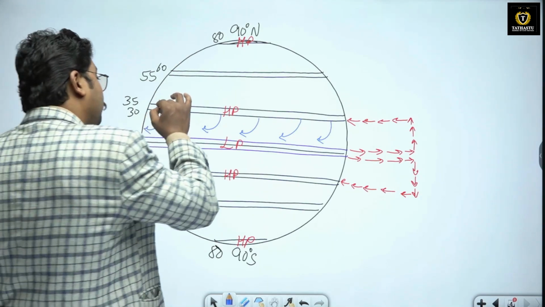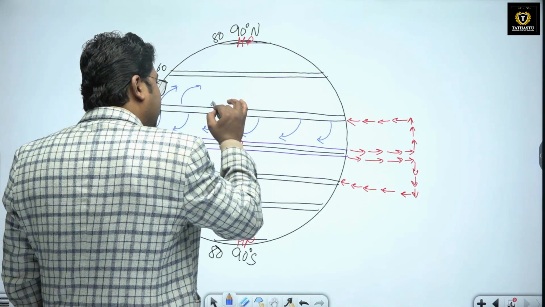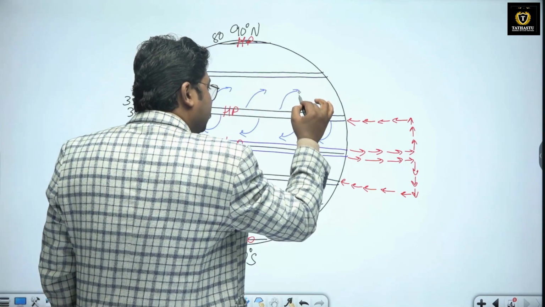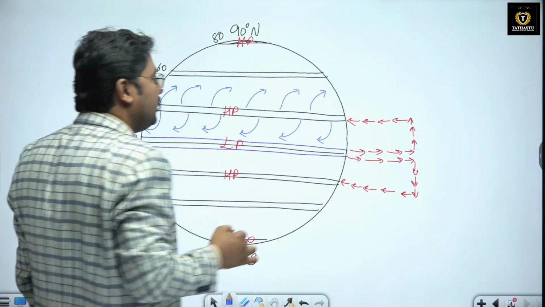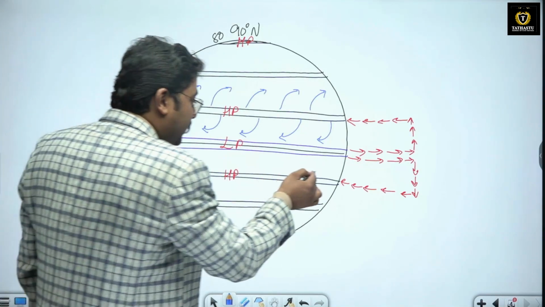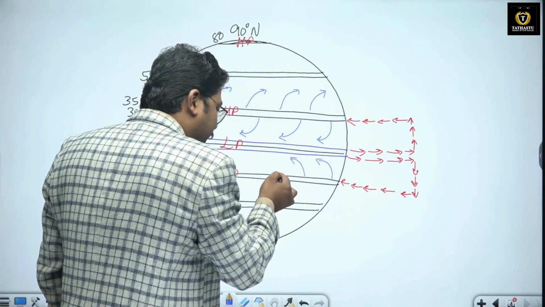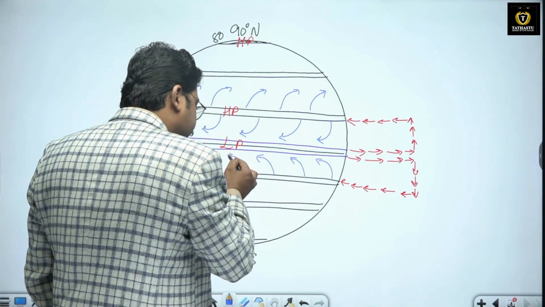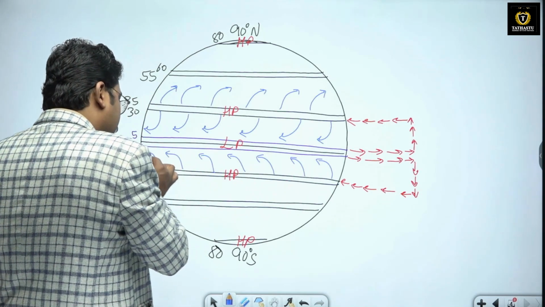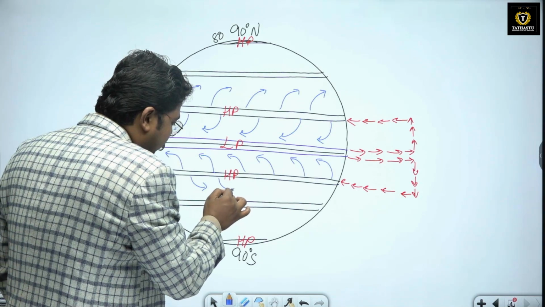And the wind which are moving towards pole, they will also get deflected towards right and their direction will become like this. In southern hemisphere, they will be deflected towards left of their path, and here also towards left of their path.